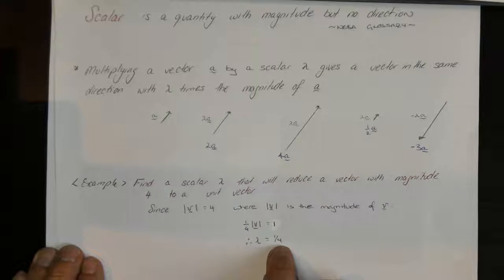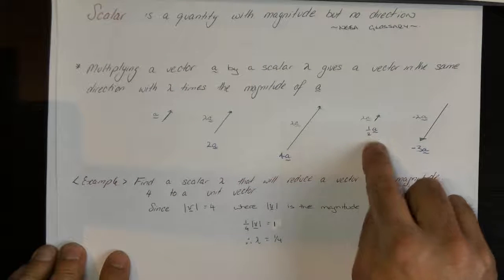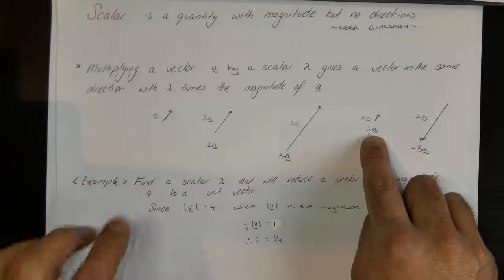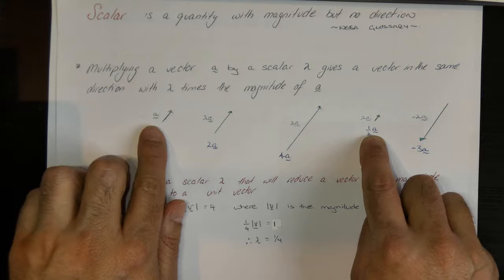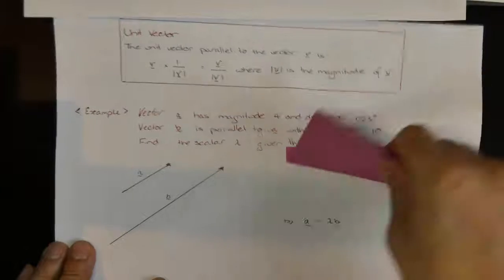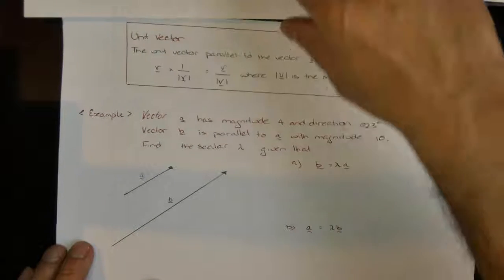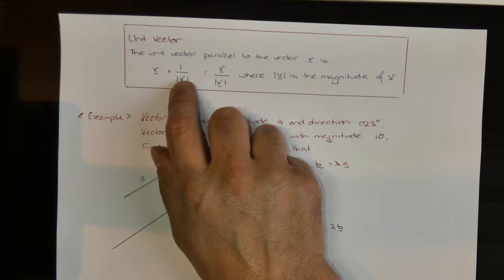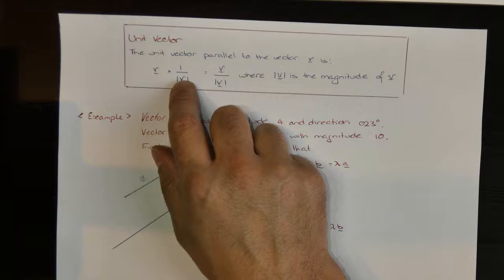Obviously, if I had that type of vector, and I wanted it to get to a unit vector, I'd multiply by lambda, which is 2, to get to the unit vector. So the unit vector, this is an important formula. We see it quite often.